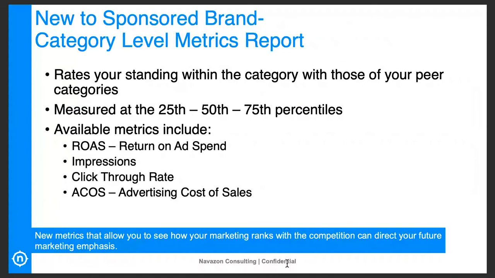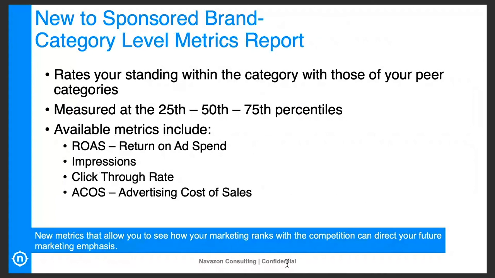So another exciting report has come out. Navazon is always listening to our pain points, and I'm really excited about this report. You can tell I'm a geek in advertising when you're excited about a report, right?